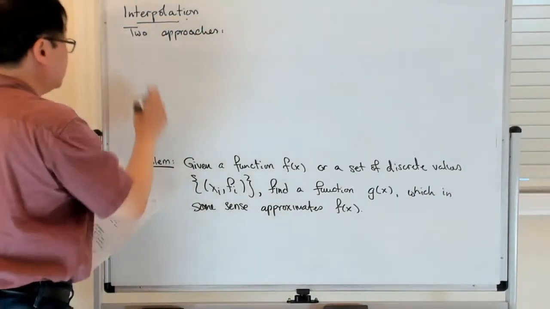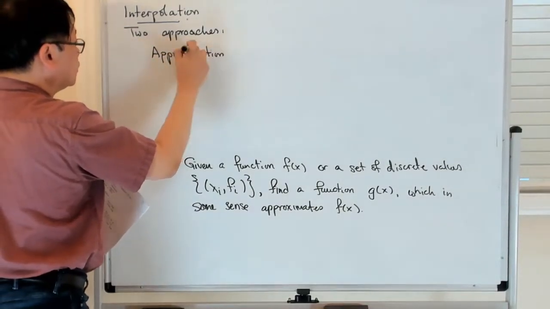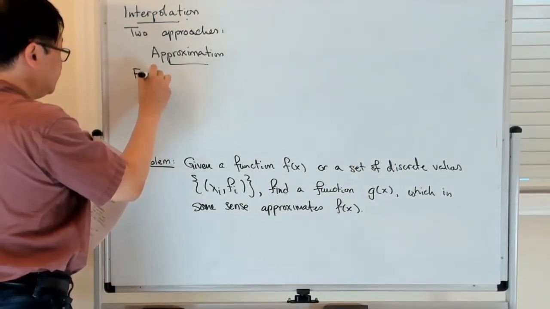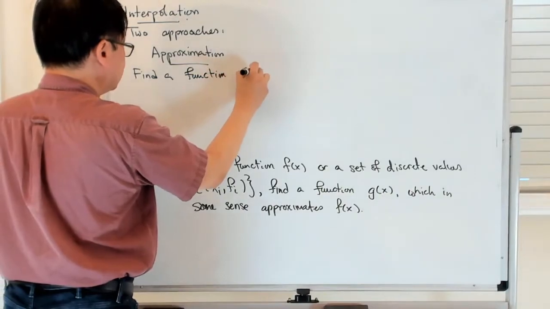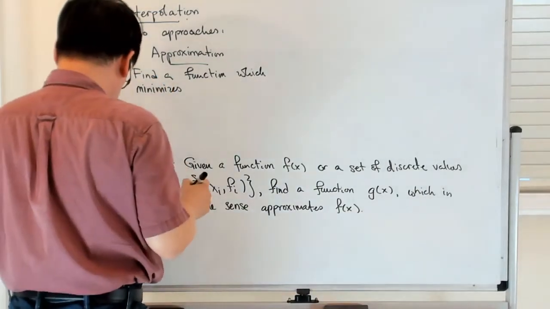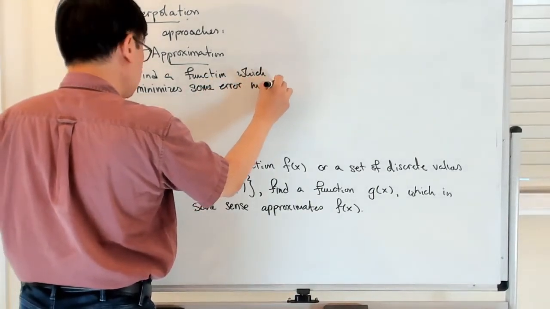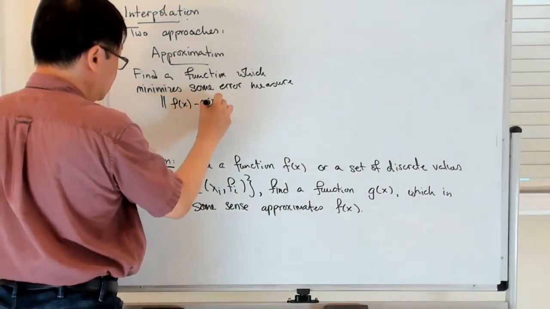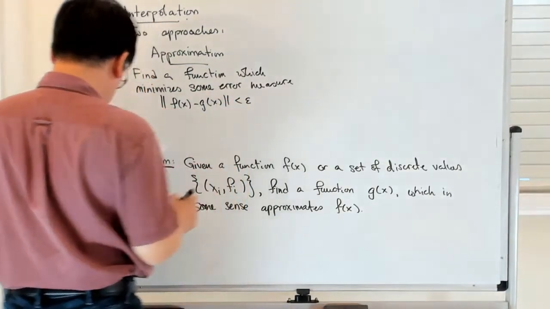The first one is what I call approximation. What that is, is that you find a function which minimizes some error measure. So you want maybe that the error between f and g, measured in some sort of functional norm, to be small enough, say less than epsilon.